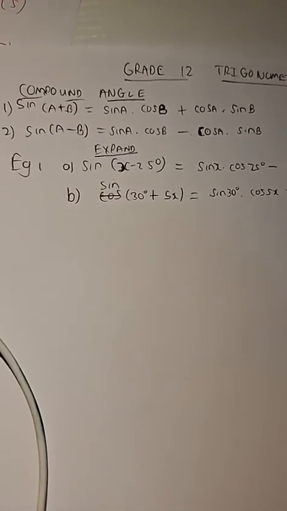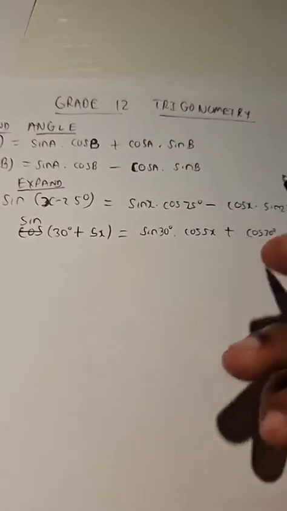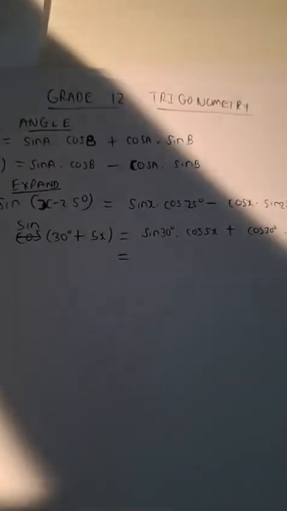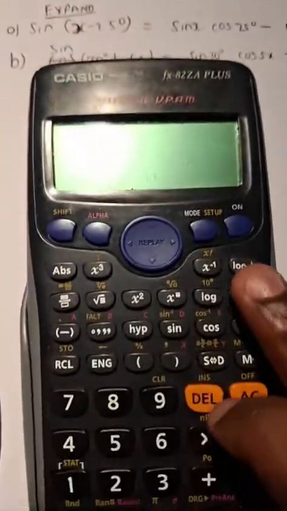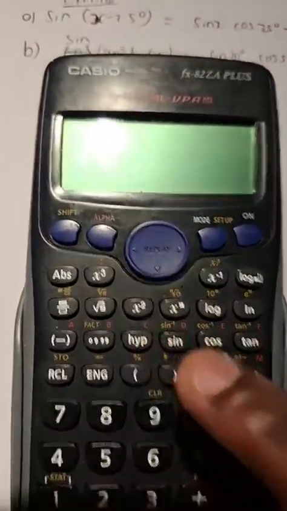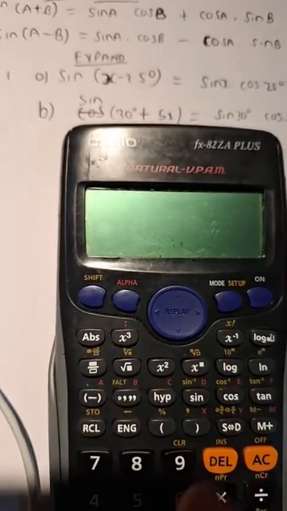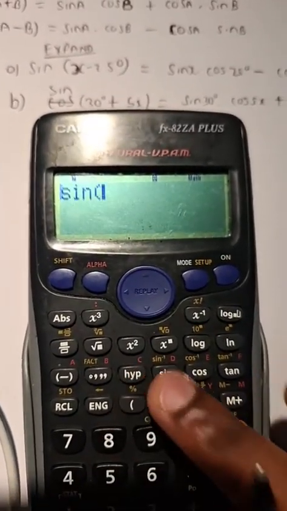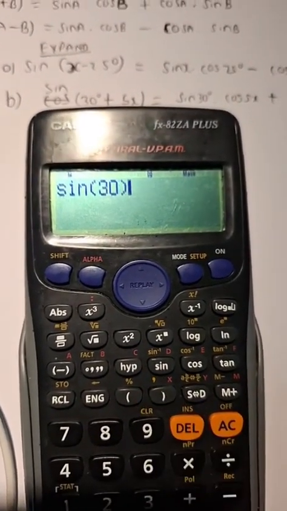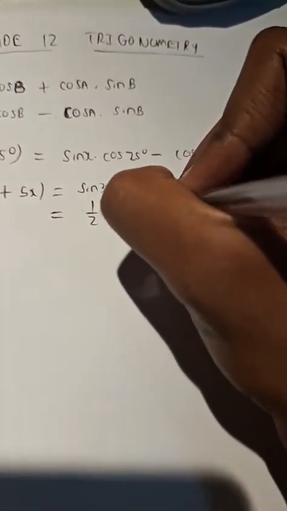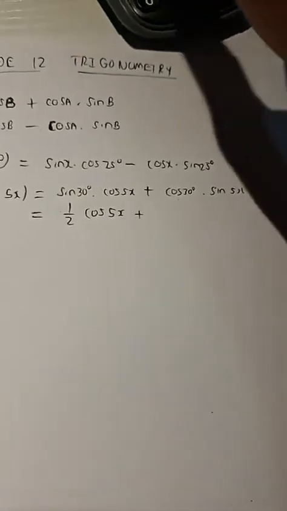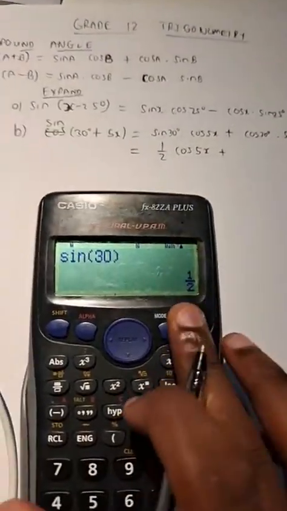Okay. And then of course, because here we have the special angle, and you are told to expand, then we are going to figure out what sine 30 is, because at this point in our grade 12 year, we already know that sine 30 is a special angle. So then we are going to say a half cos 5x plus, and then we go and press cos 30.